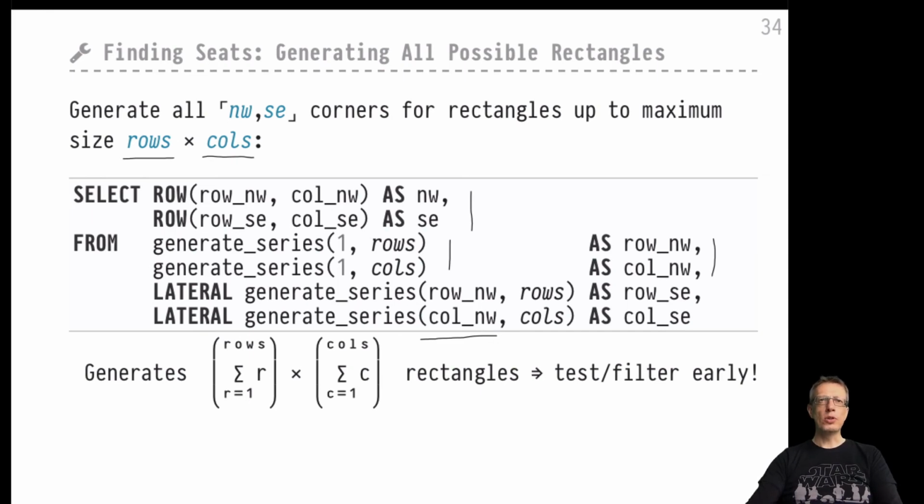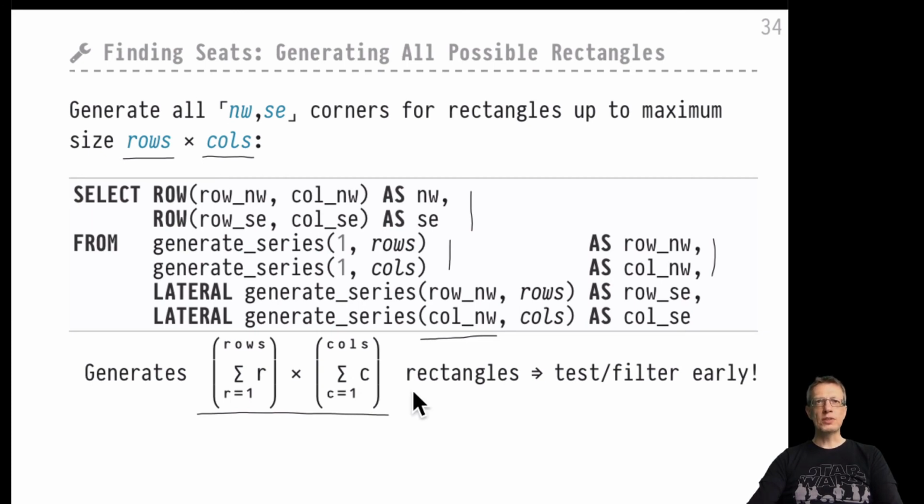Of course this would generate quite a lot of possible rectangles. This is actually the number of rectangles that would be generated by this generate procedure. That's quite a number. And of course, in the real implementation of the query, we would make sure to also implement a test, a filter that would get rid of most of these rectangles very early on.